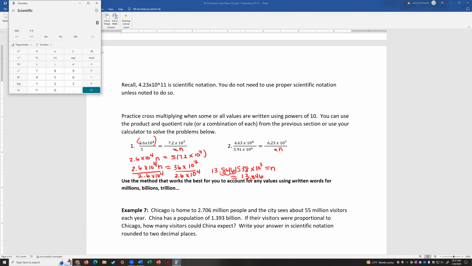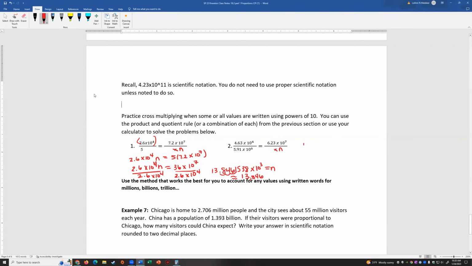So let's try this one directly on the calculator and see how that works. 5.91 times 10 to the 6th. Notice I'm starting with that one because I know the number across from it, times 6.23 times 10 to the seventh, and then hit enter. That's all that one diagonal, divided by parentheses 4.63 times 10 to the fourth, close parentheses, hit enter.